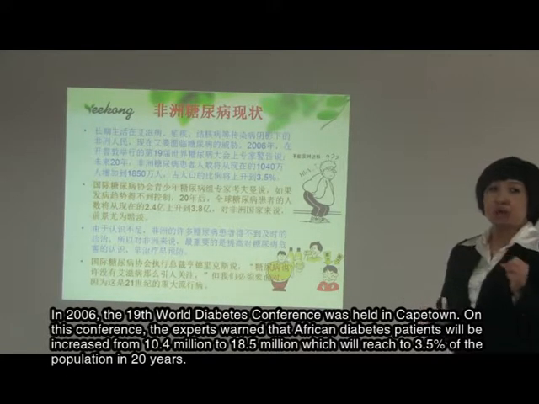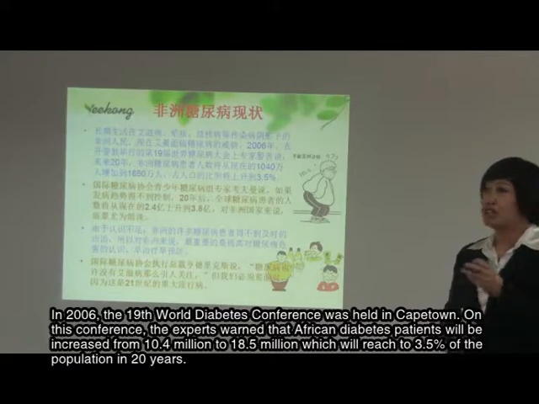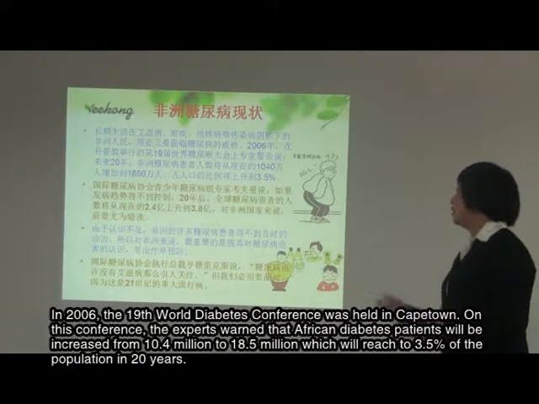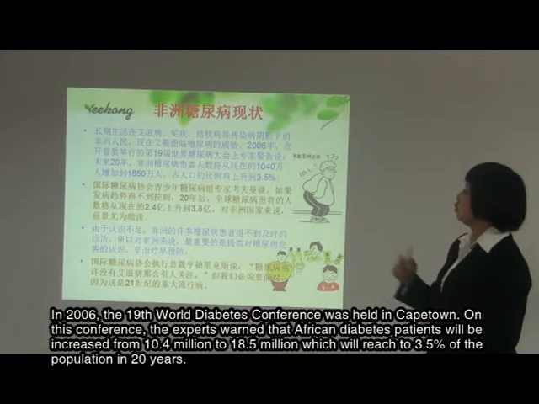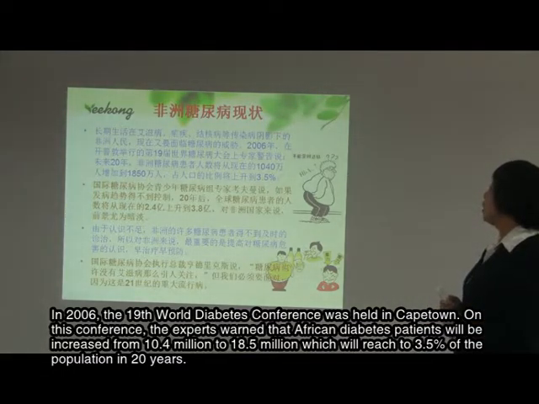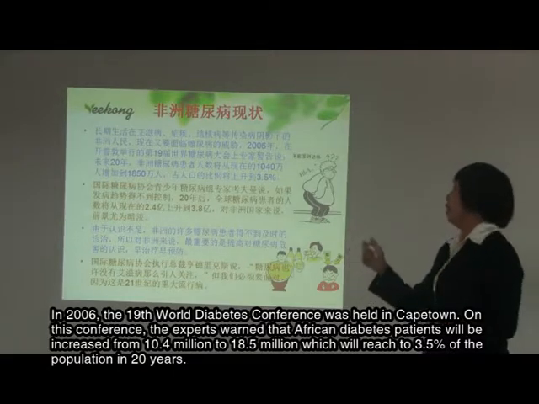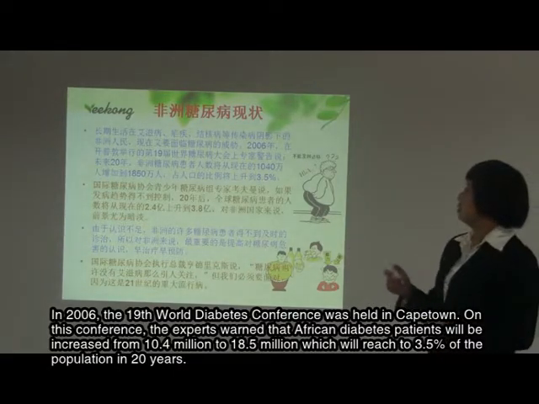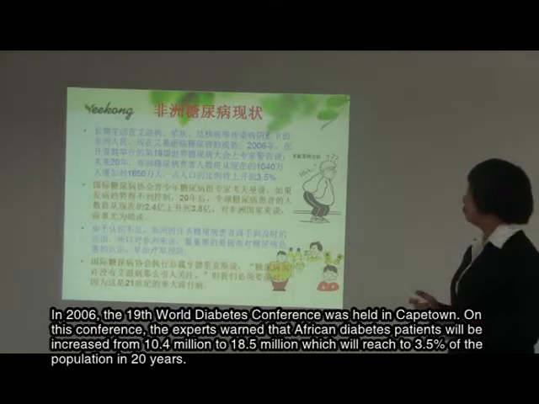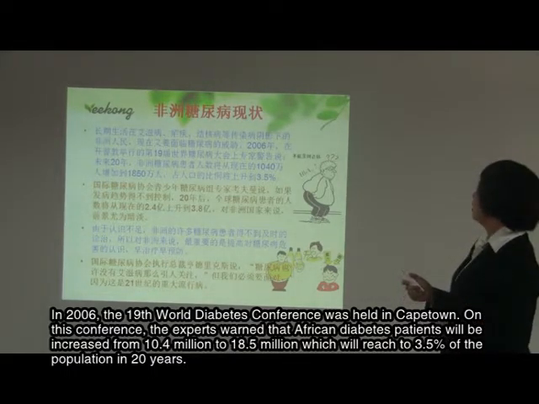In 2006, the 90th World Diabetes Conference was held in Cape Town. At this conference, the expert warned that African diabetes patients will increase from 10.4 million to 18.5 million, which will reach 3.5% of the population in 20 years.